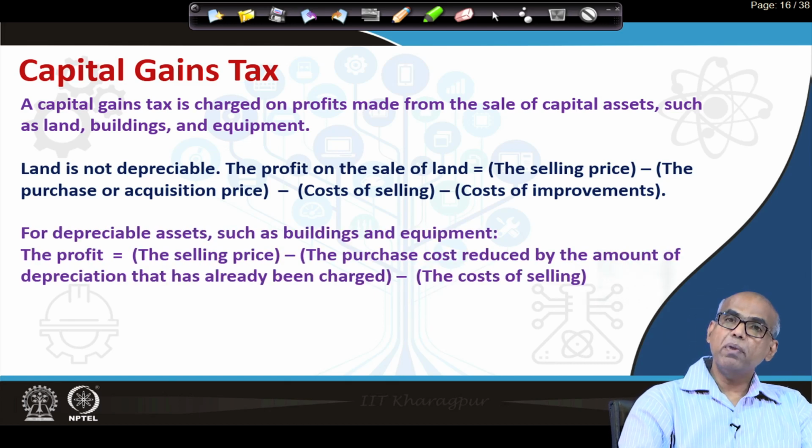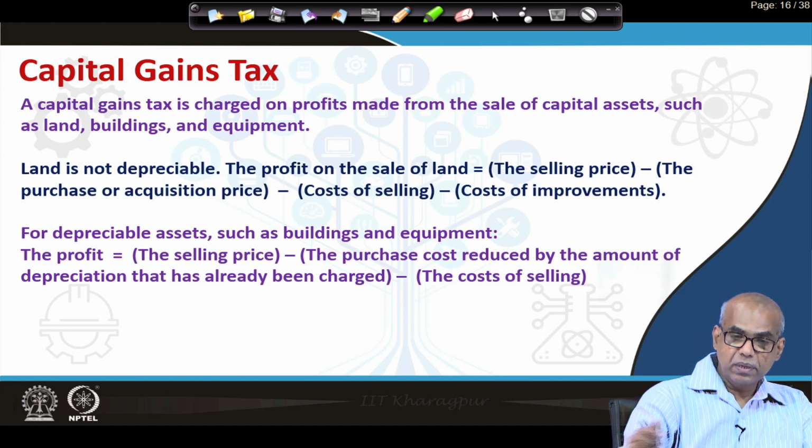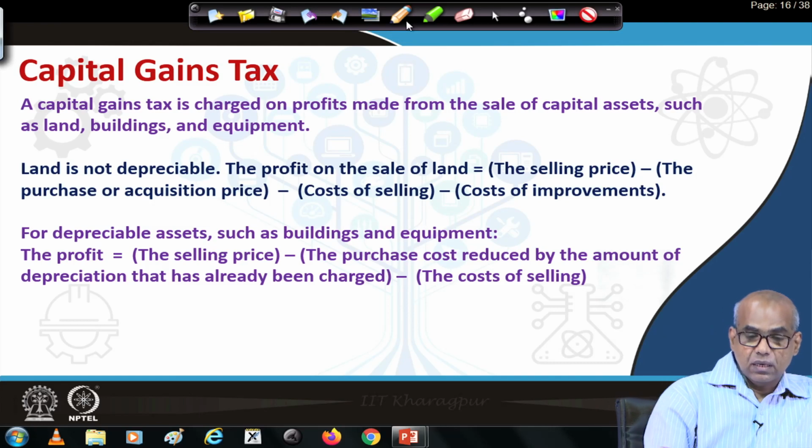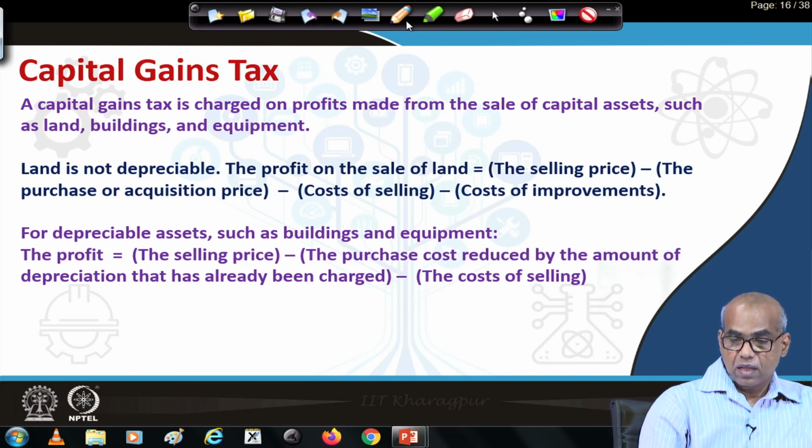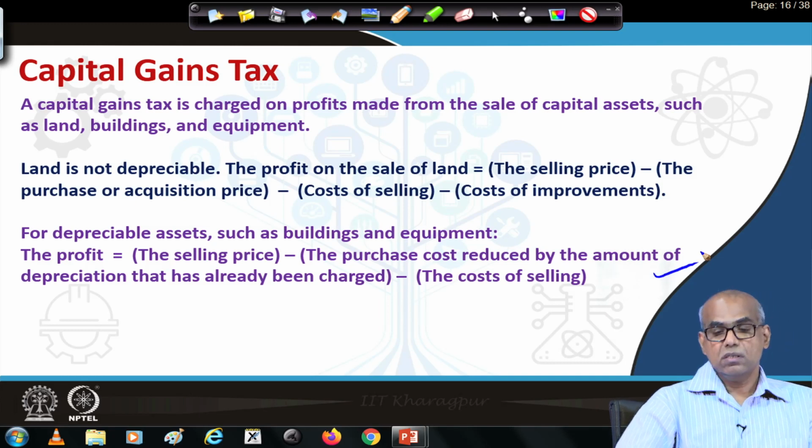But buildings and equipment are depreciable assets. That means you get a depreciation charge for assets such as buildings and equipment. For depreciable assets, the profit will be the selling price minus the purchase cost reduced by the amount of depreciation that has already been charged, minus the cost of selling.